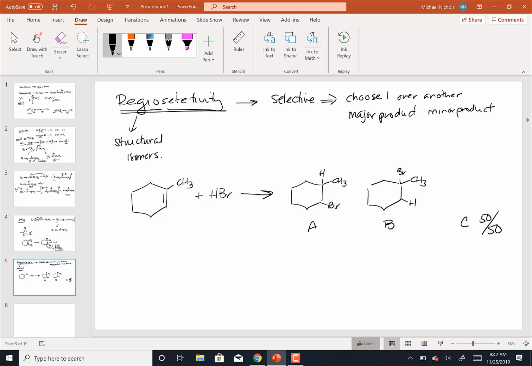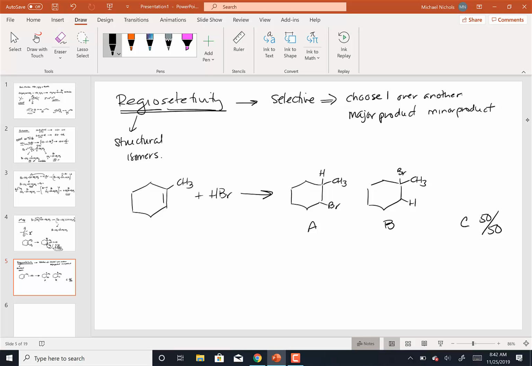Let's vote. Which one is the major product? A, B, or they're 50-50, C? Which one's the major product?